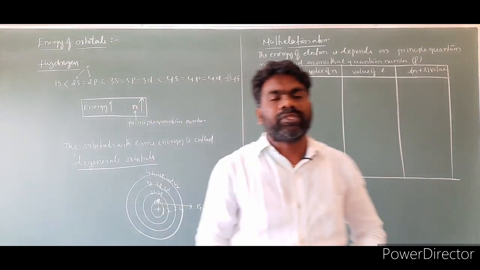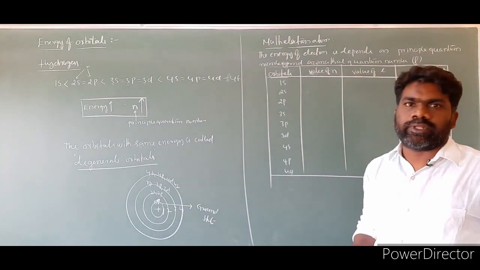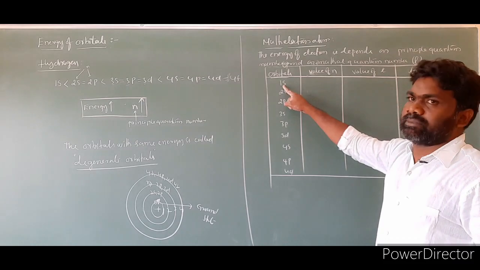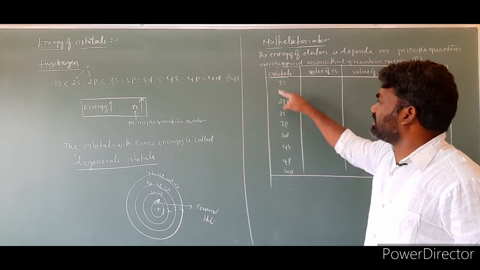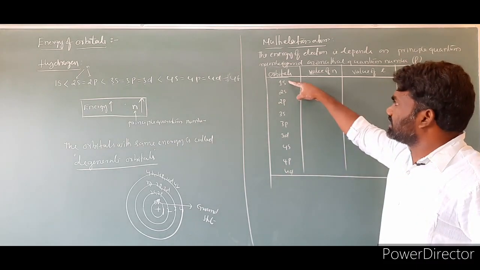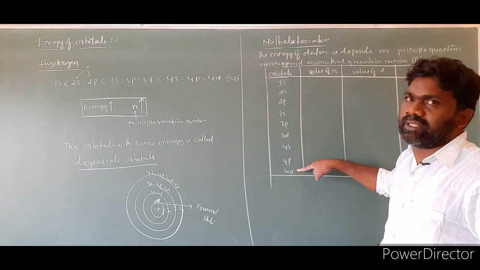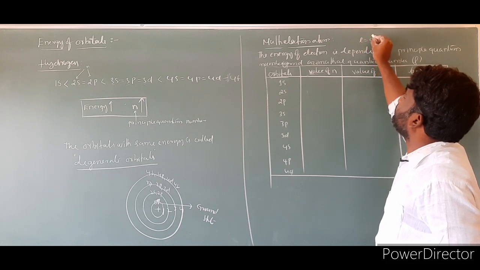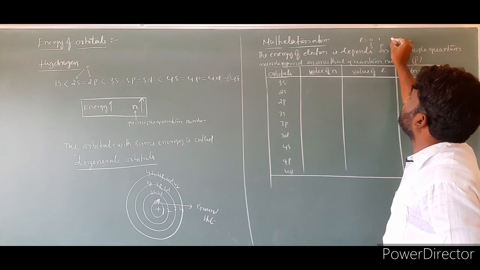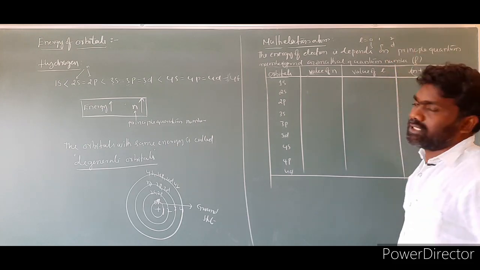Let us look into which orbital is higher in energy and which orbital is lower in energy. First I am taking the 1s orbital. The first number is the principal quantum number; s, p, d are decided by l, where l is equal to 0 is the s orbital, l is equal to 1 the p orbital, l is equal to 2 the d orbital, and so on.